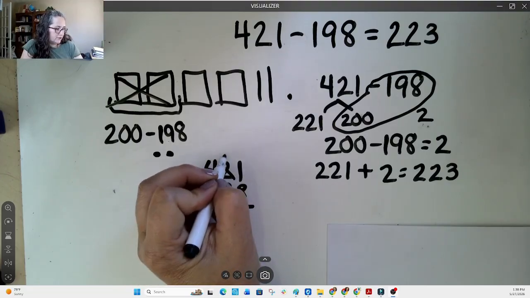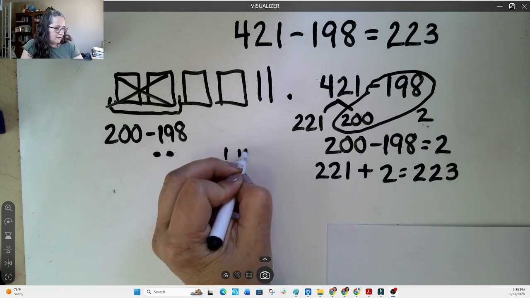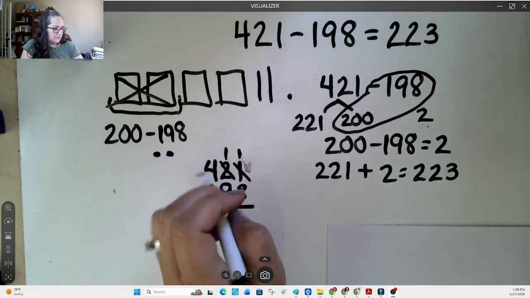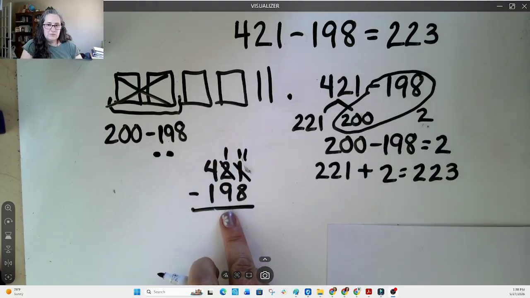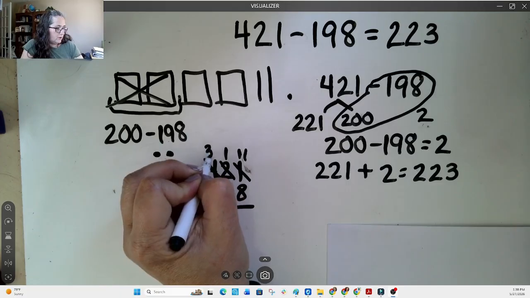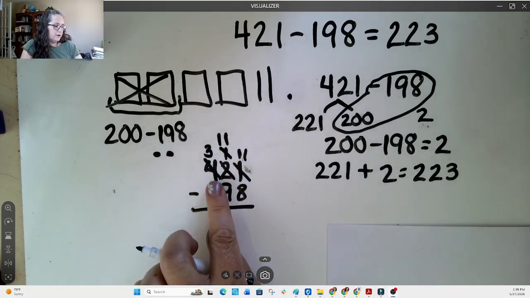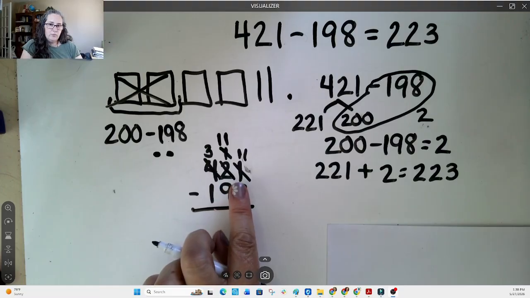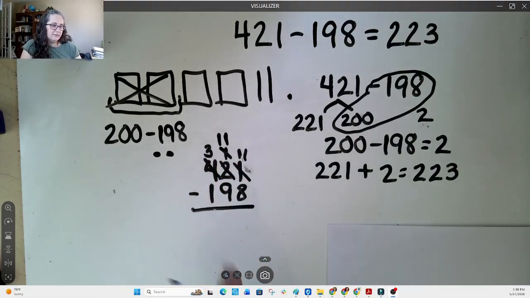So instead of 421, instead of 2 10s, I'd have 1 10 and 11 1s. But I still am not ready to subtract because now I don't have enough 10s. So I'd need to rename 100. So instead of 4 hundreds, 2 10s, and 1 1, I need to use 3 hundreds, 11 10s, and 11 1s so that I can do this subtraction.